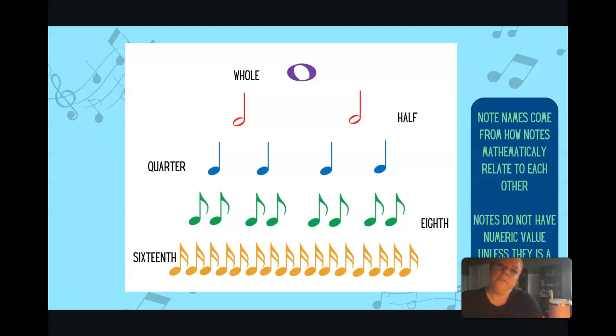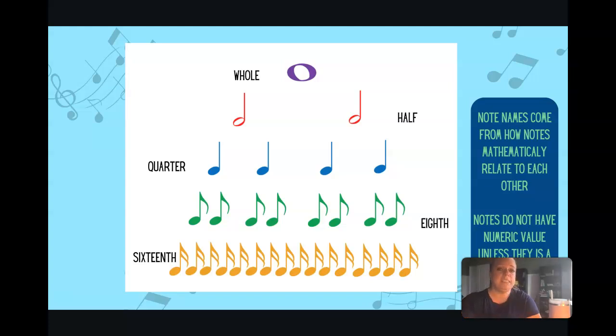It's also important for you to realize that no note is equivalent to any numerical value until and unless it's in a time signature. And so none of these notes are worth any numbers. Quarter notes aren't equal to 1 unless you happen to be in simple time, which we'll talk about later.